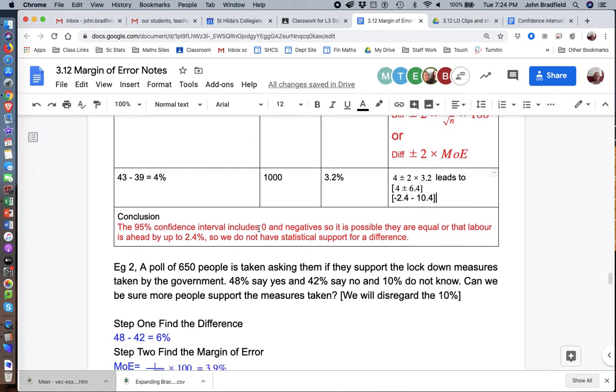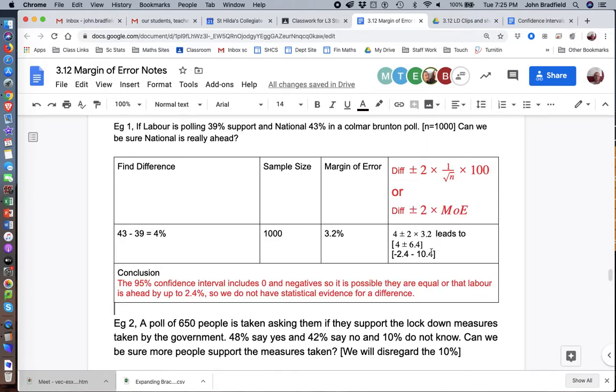The 95% confidence interval includes 0 and negatives, so it is possible that they are equal or that Labour is ahead by up to 2.4%. So we do not have statistical support, or actually the word more commonly used, statistical evidence for a difference.